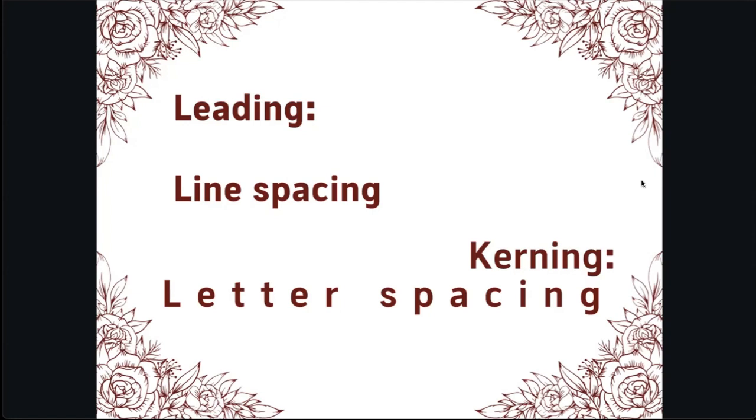When you're laying down your type, the leading is an actual piece of either wood or metal that would be put in between the lines when you're laying out your text on a printing press. And the kerning was the name of the little tiny metal or wood bits that would be put in between the letters to keep them nicely aligned. So each thing is going to be like 1 point or 2 points, and it'll be consistent.